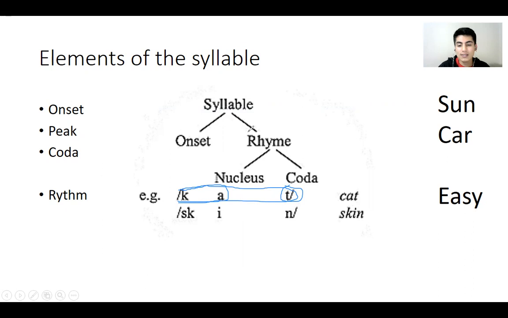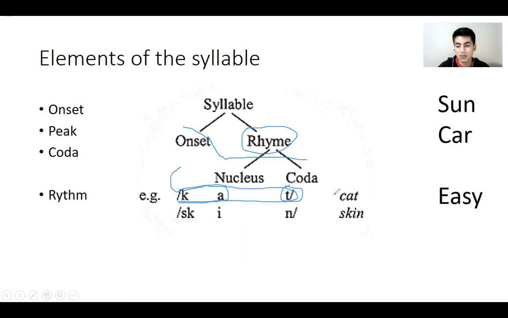And finally, what is the rhyme or the rhythm? The rhyme is the pronunciation that these 3 parts of the syllable make. The onset with the nucleus and the coda makes one sound, cat.